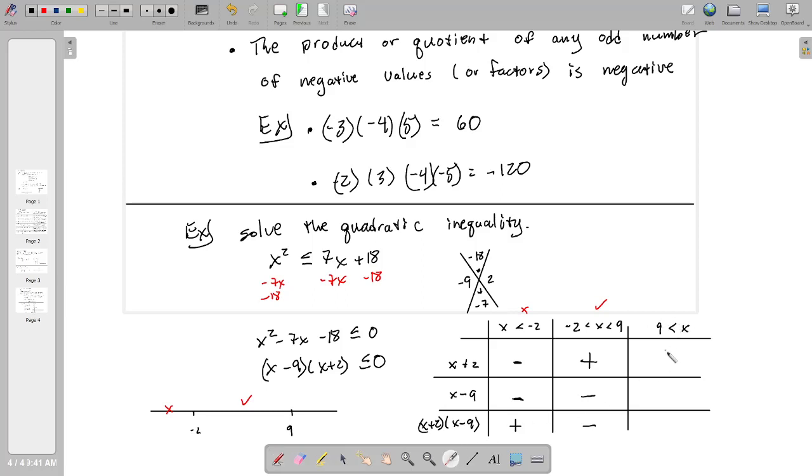where x is greater than 9. So if x is greater than 9, let's say 10. 10 plus 2 is positive, so we get a positive value here. 10 minus 9 is also positive, so we get another positive value here. Positive times a positive is positive.